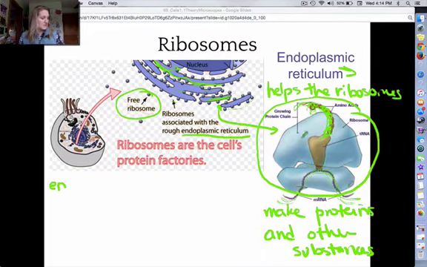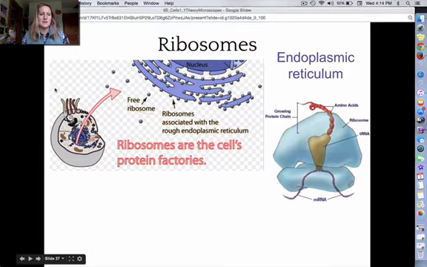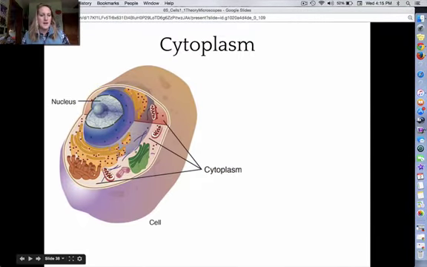Okay, so that's ribosomes, and all you really need to know about the endoplasmic reticulum is it helps those ribosomes. It kind of provides a space and is able to pull all the necessary materials needed by the ribosome, so it just makes it a little bit easier. It's like a workspace.